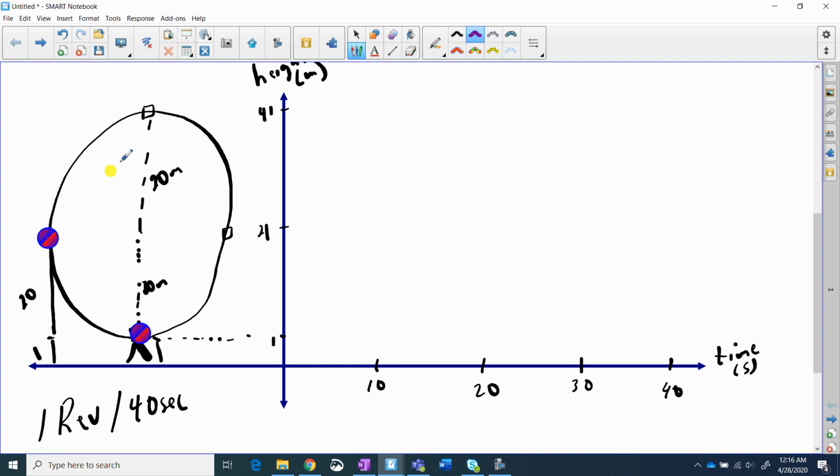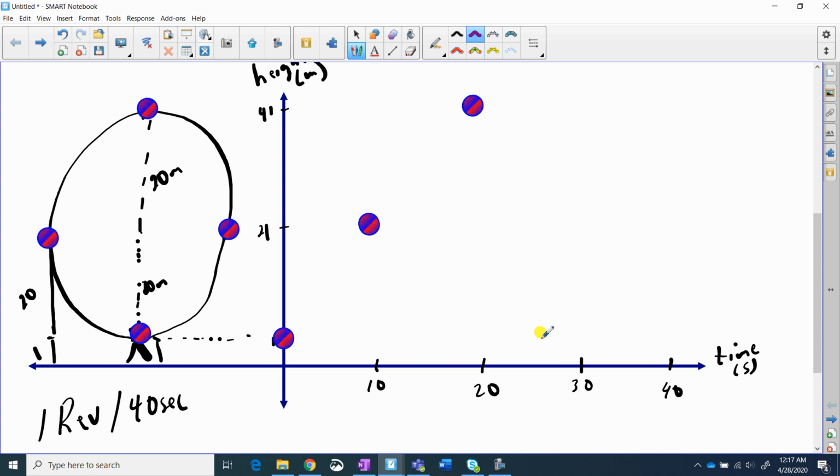We're going to put those 4 dots on the graph where they would fall. At the beginning, time 0, that's where they would be. This would be a quarter of the way around their trip, which would be 10 seconds. Should be another dot there. Then halfway around their trip.